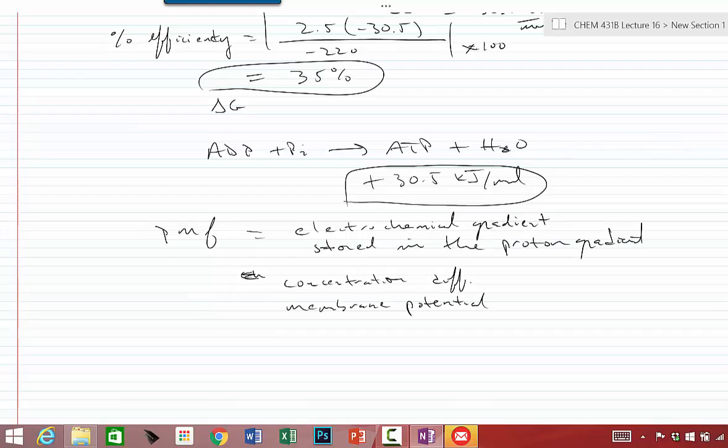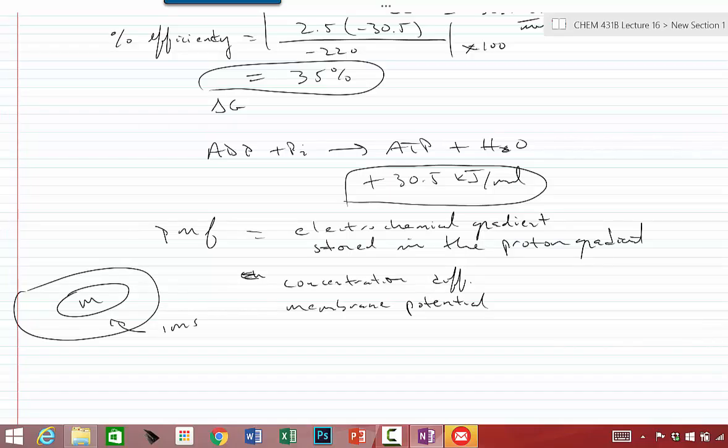And I don't know experimentally how they figured this out, but they've already figured out the pH difference across that membrane. So let's think about this. Here's the mitochondrial matrix, and this is the intermembrane space.